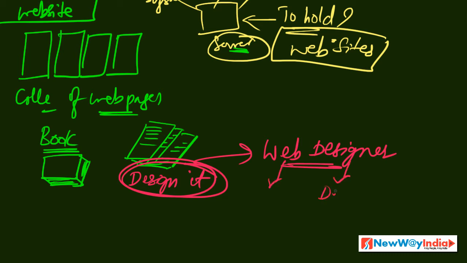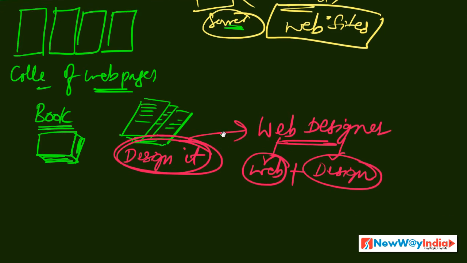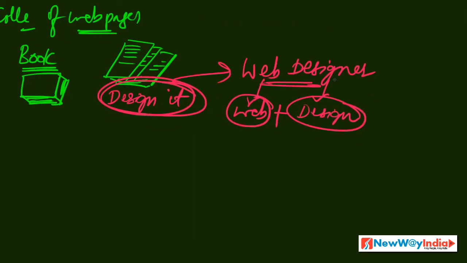One is design, one is web. These two are combinedly called web designing. If you are focusing on the design part of web designing, you are called a web designer. If you are focusing on the web part, web development, you are called a web developer.